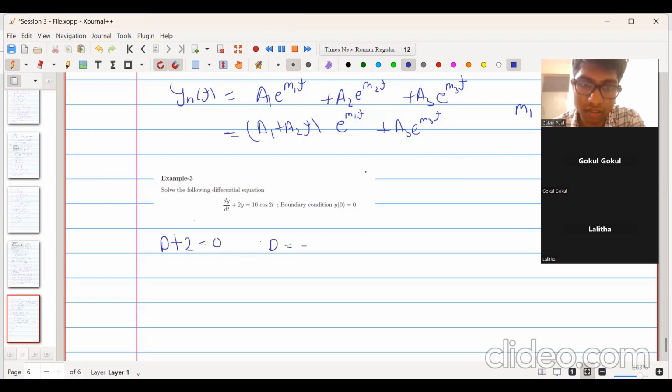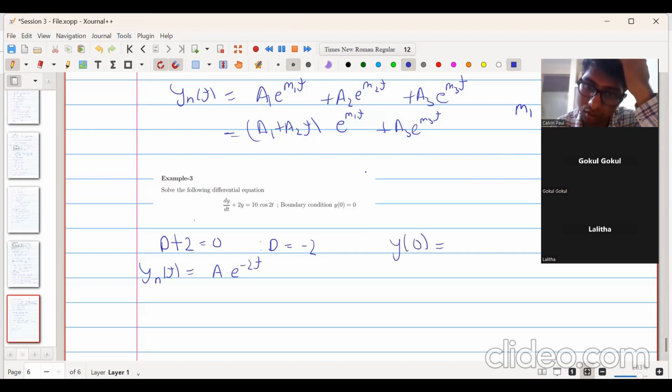The natural response of the system will be equal to some a into e to the power minus 2t. That we have established. Also, we have been given that at time t equal to 0, the value of y is 0. Now we want to find the response of the system due to the forcing function.